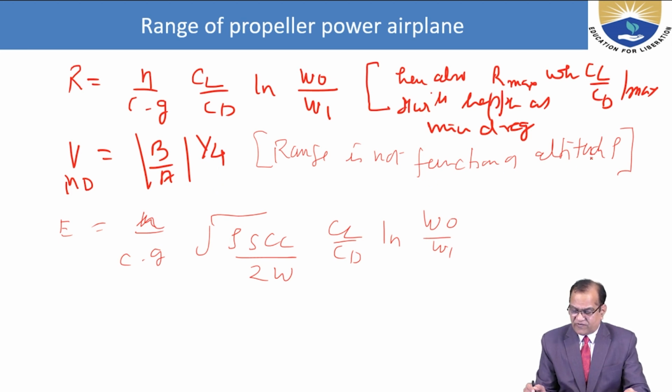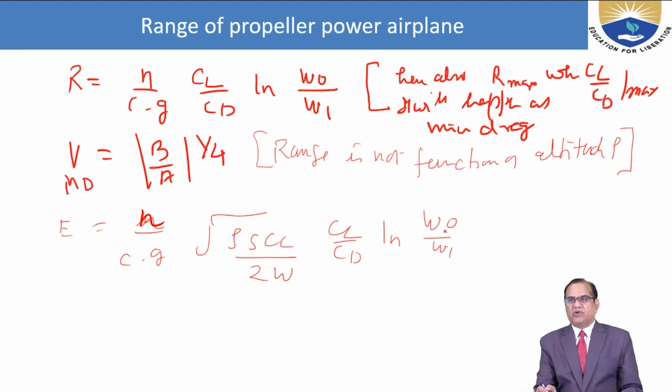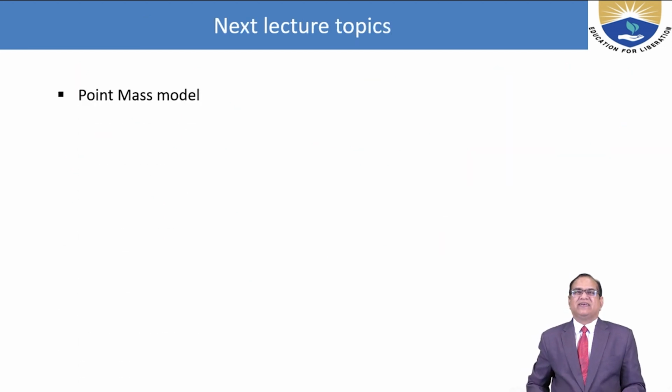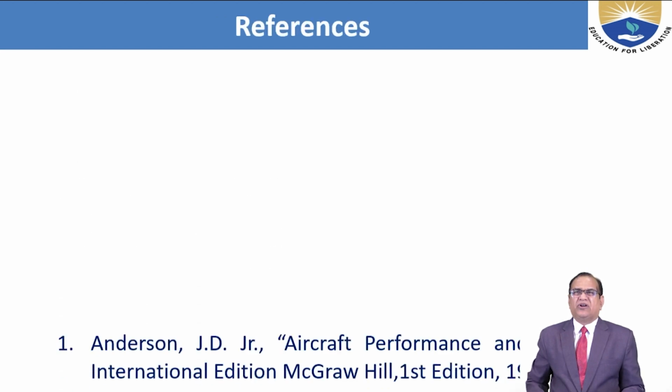Range is not a function of the altitude, rho. So here if you see, there is no rho. And this E is equal to eta by C g, under root rho S CL by 2W, CL by CD, ln W naught by W1.